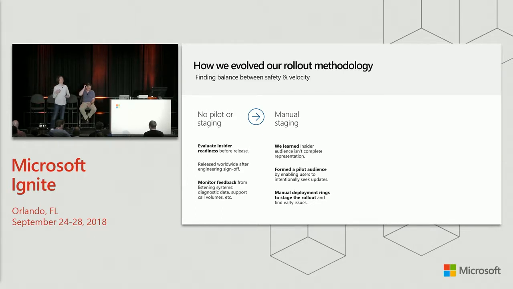These are folks that seek out things very early. They tend to be running much more modern machinery. They're updating their graphics cards and staying up to date with technology. And so we found that even though we were looking at the data from this insider community, it wasn't representative, and when we were pushing things out, we were finding some issues pretty quickly.